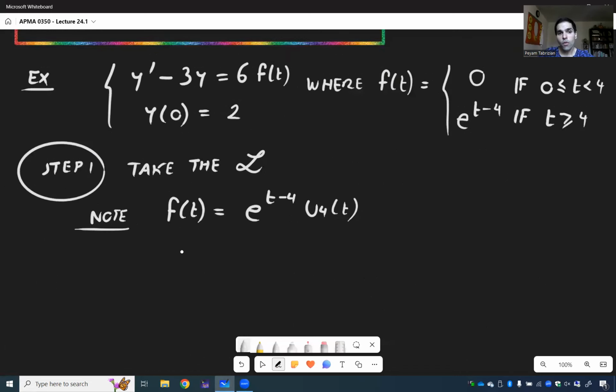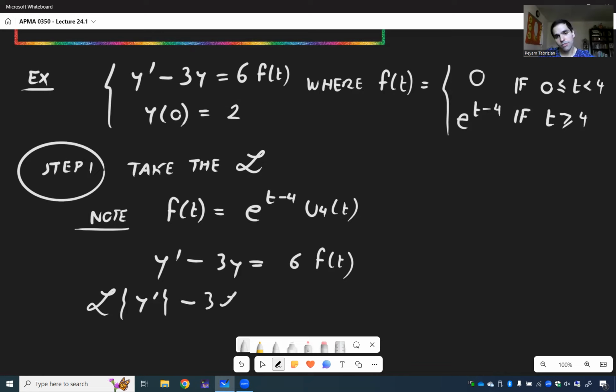And now we have our ODE, y prime minus 3y equals 6f of t. And now let's take Laplace transforms. L of y prime minus 3L of y is 6 L of f of t, which is L of e to the t minus 4, u4 of t.